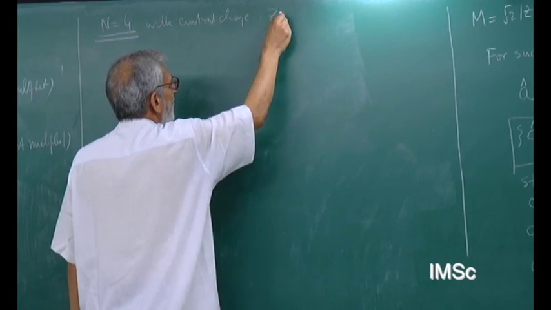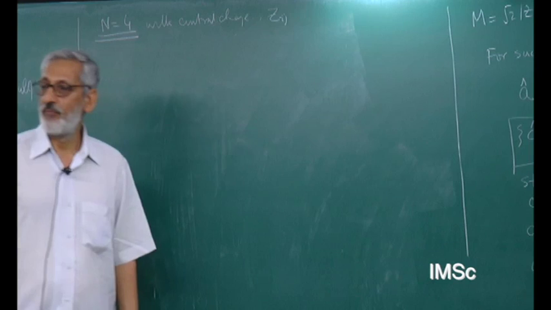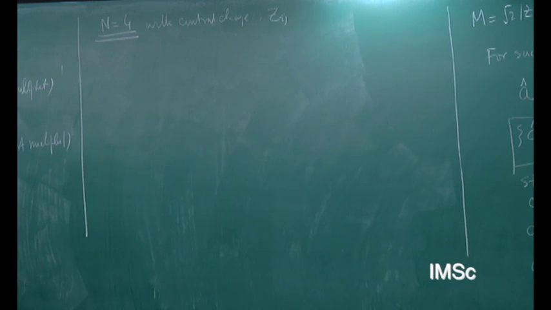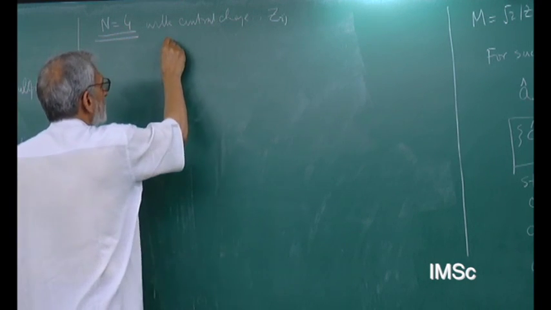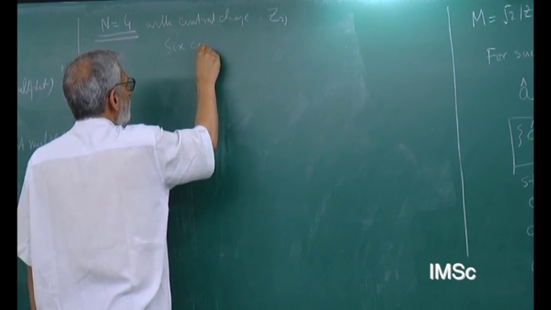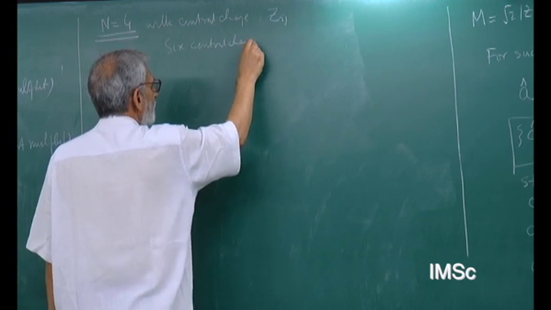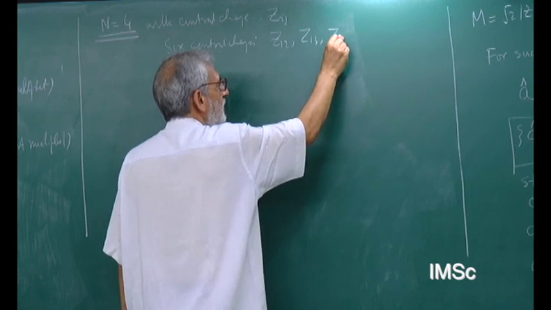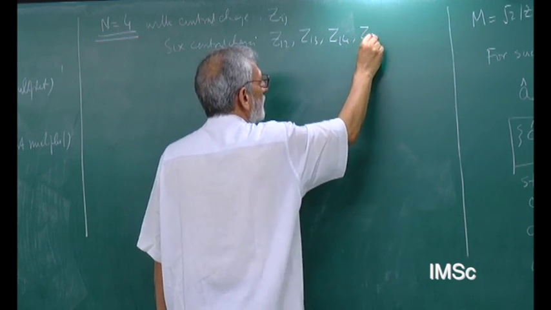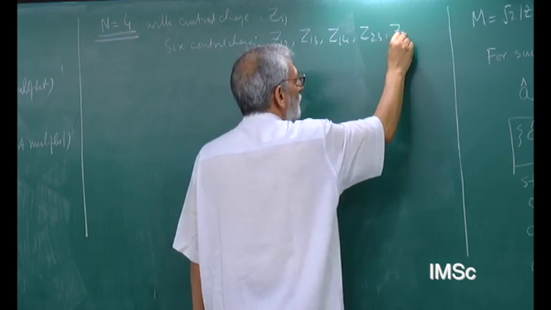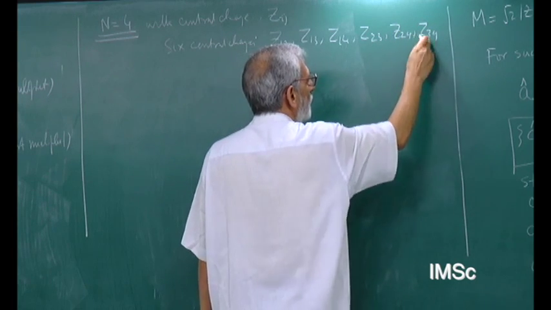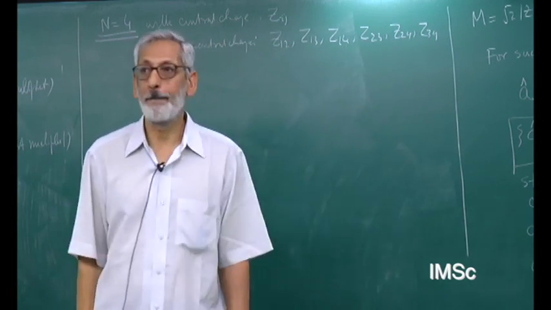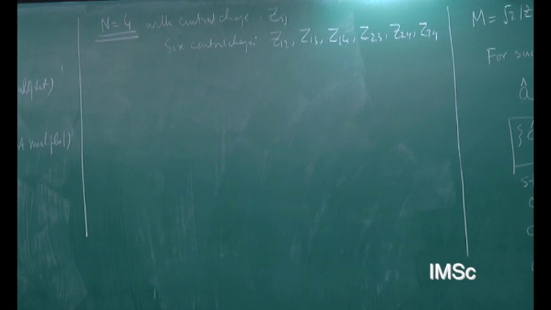So, we have Zij. i takes values 1 to 4, j takes values 1 to 4. Which means we have 6 of them, 6 central charges: 12, 13, 14, 23, 24, and 34. Each one of them is complex.